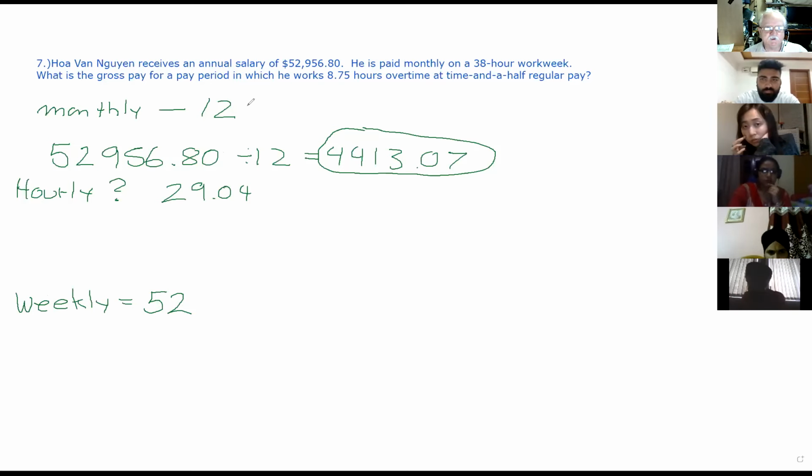Whereas if we take his month and multiply it by 4, that's only 48 paychecks. So if we divide this by 4, we're only going to be giving him 48 paychecks for a year.